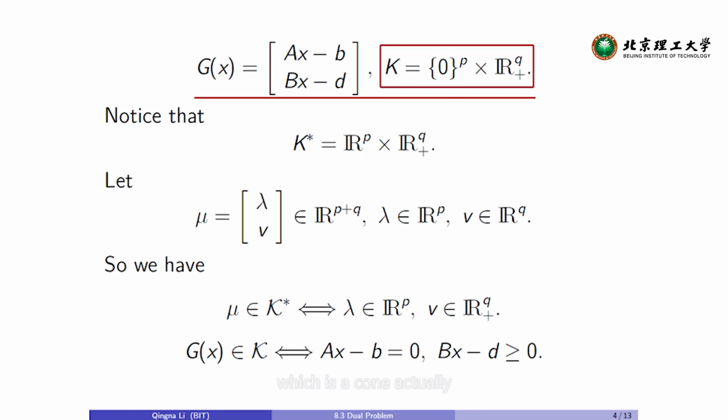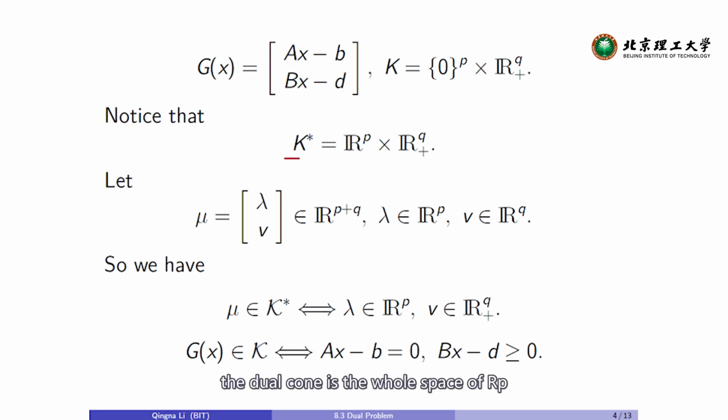The K, which is a cone, is similar to that in linear programming. It is the zero point, and another block is the non-negative orthant. So we can easily derive that the dual cone is the whole space of dimension p multiplied by the non-negative orthant.